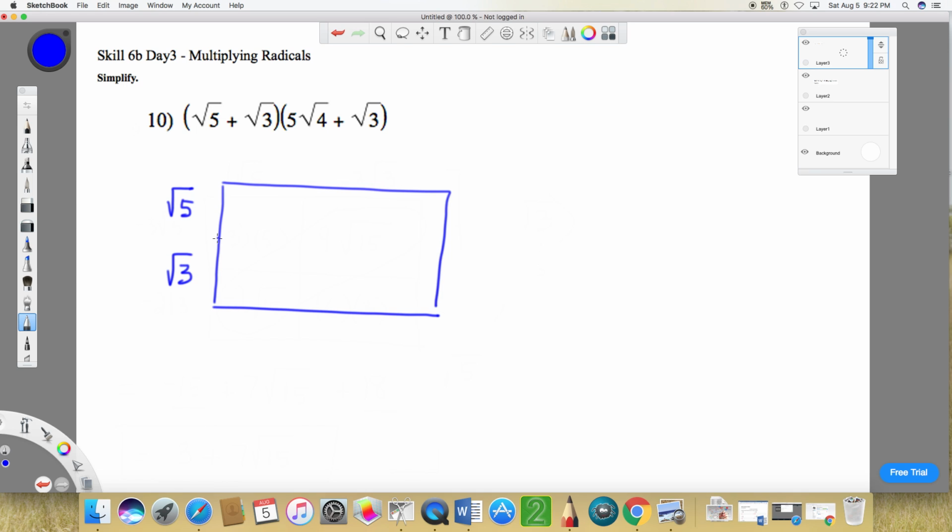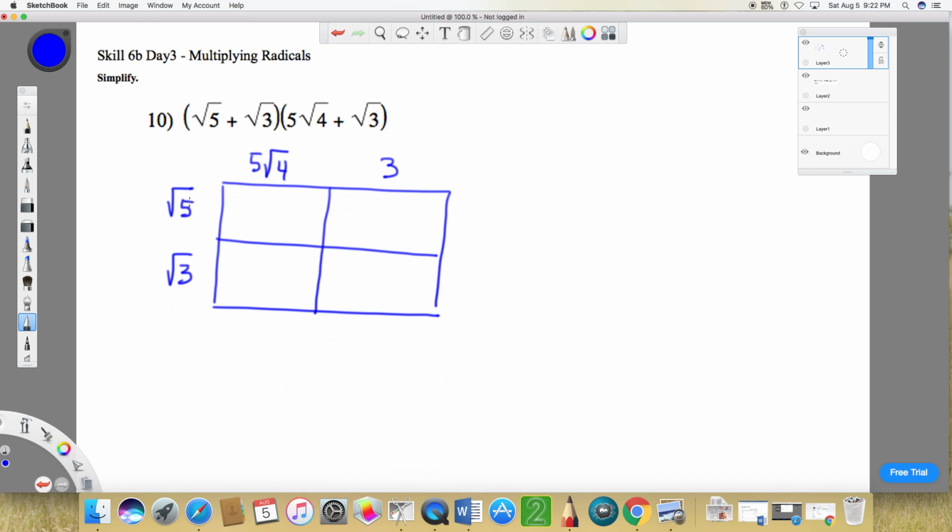I put each of the terms, and across the top, I come to the other binomial and put down each of its terms. So to figure out the number inside the table here, we multiply the corresponding entries, the intersecting. You can see how these two intersect. We want to give the product of those values.